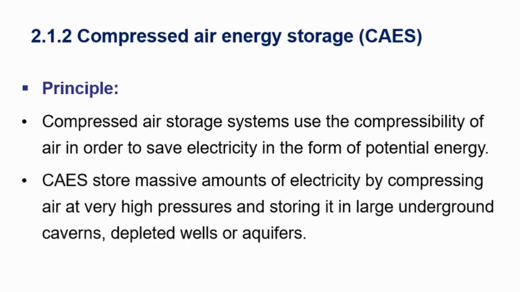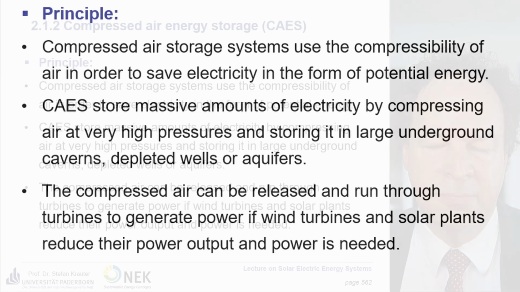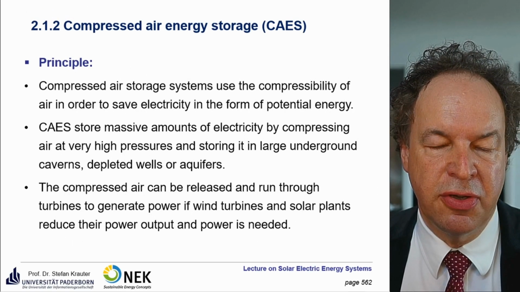As storage, it's too expensive to make artificial storage from steel tanks and so on. What you use is already existing caverns, depleted wells or aquifers. The compressed air can be released and run through turbines to generate power if wind turbines and solar plants reduce their power output and this power is needed. So already this is the definition of storage need.